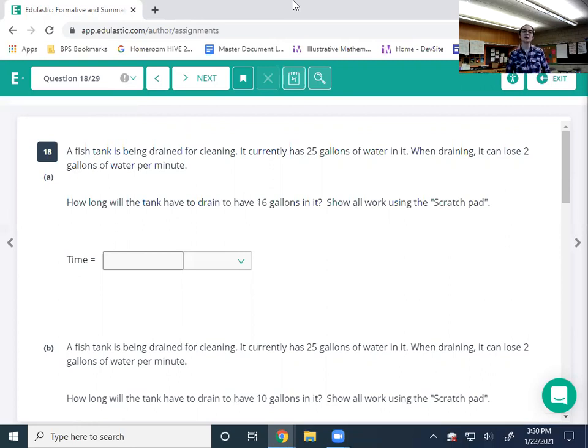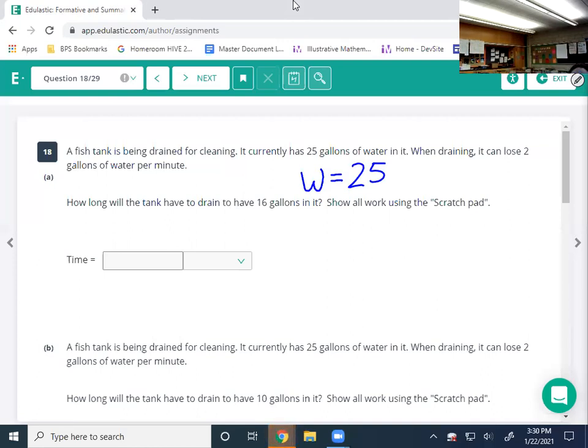So first, I have to create an equation for this. Thinking about the amount of water in the tank, we could say W, or water, is equal to, we start with 25 and we're losing 2. So 25 is our y-intercept. What's going to be going on with that 2 if it's draining out?